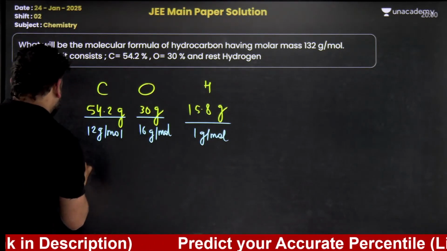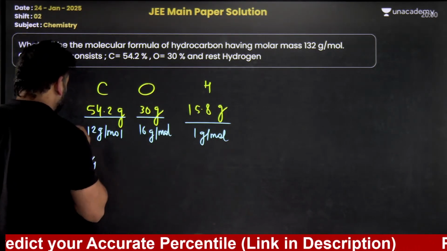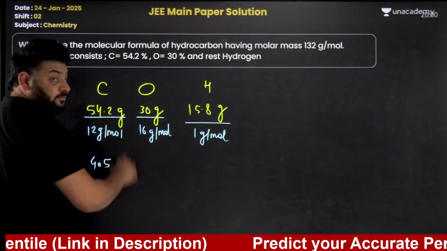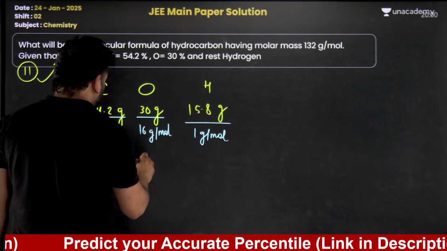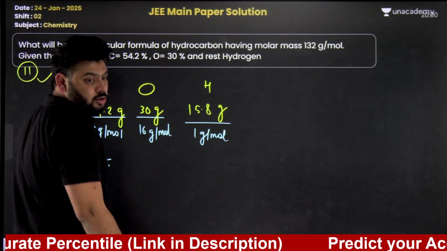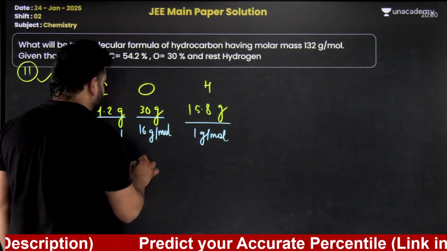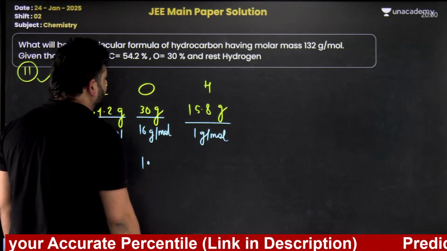So what you see is that this number will somehow come up as 4.5. This number is nearly 2, isn't it?